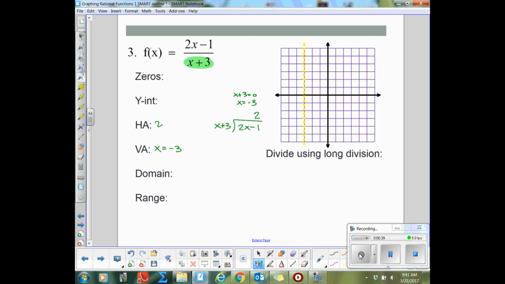The remainder doesn't matter. I don't even have to finish that division. Y-intercepts occur where x is 0, so plug in a 0. X-intercepts occur where the numerator is equal to 0.